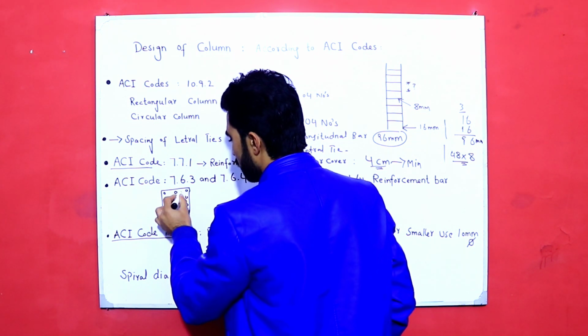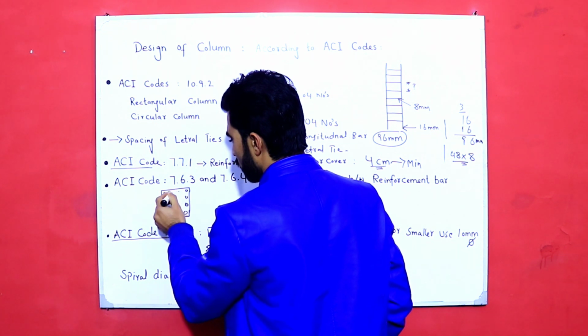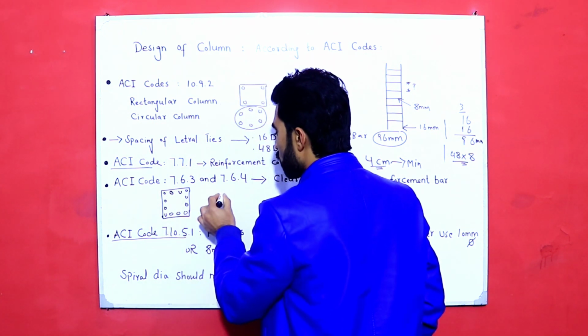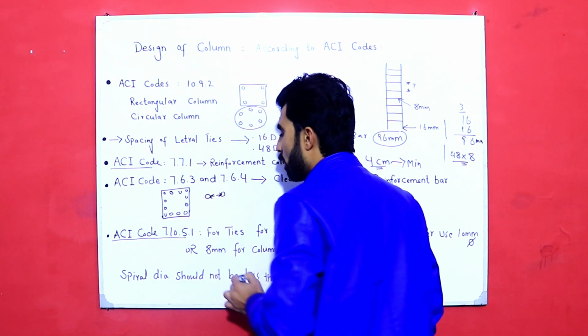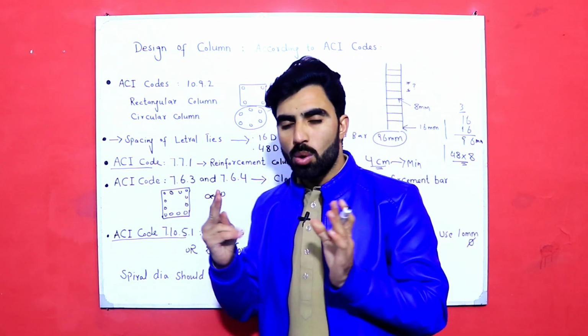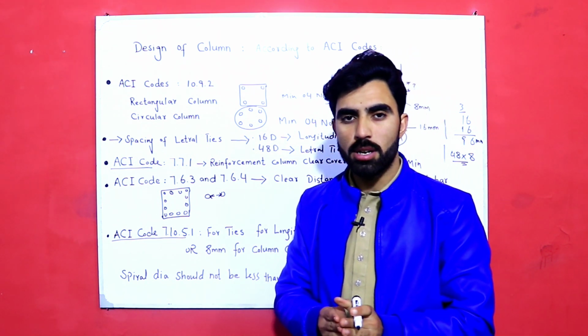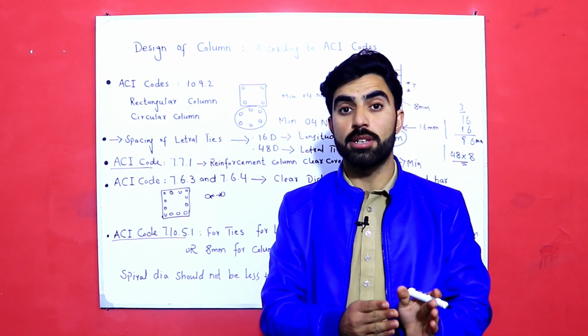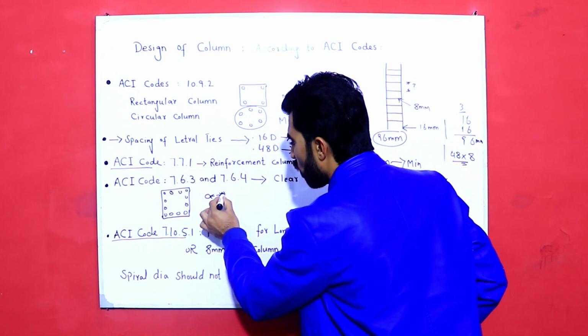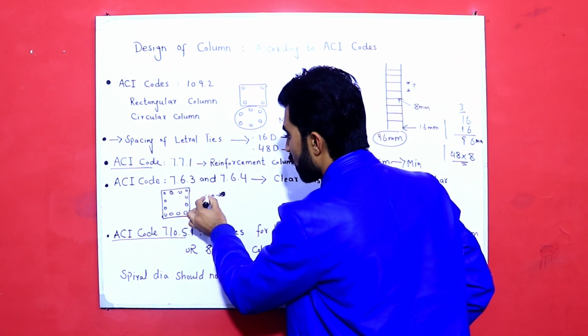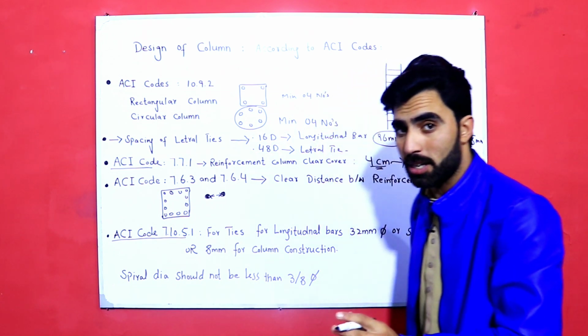So here one steel bar and another steel bar. What should be the minimum spacing from one longitudinal bar center to the other longitudinal bar center?